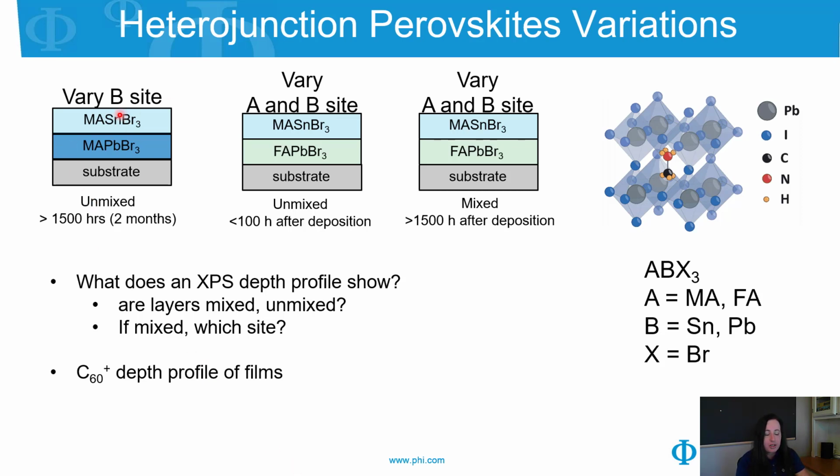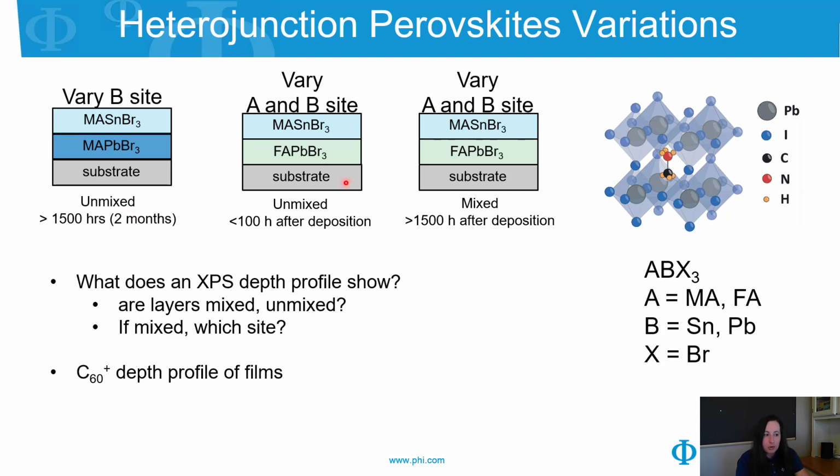The first was the slightly more simple one where you only vary the B site. So we only varied the tin and the lead. And the sample that we had was one that should not be mixed, and that was the one that showed good stability over greater than 1,500 hours.